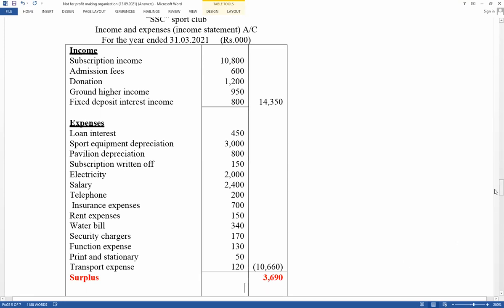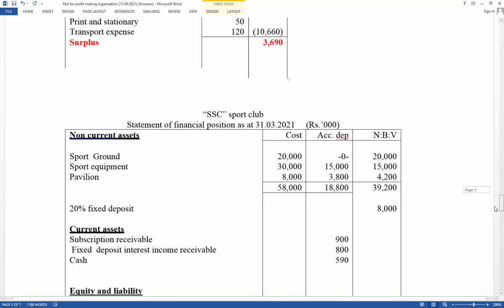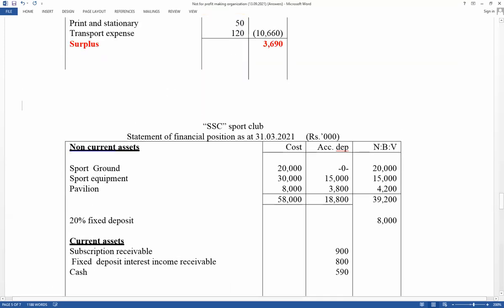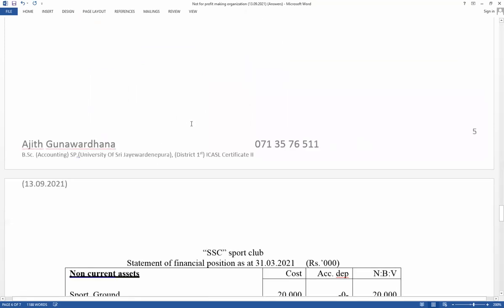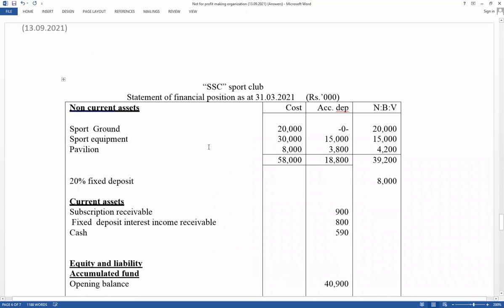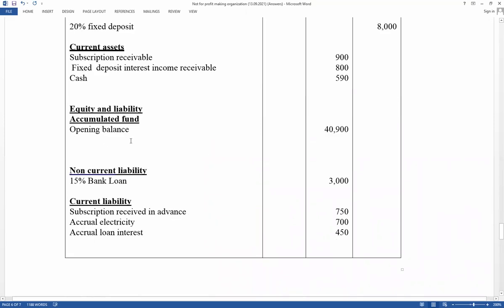It should be recorded in financial position, in equity and accumulated fund. Therefore, opening balance plus surplus. Value equal 3,690 surplus. It is available in the income statement. If it is a surplus, it should be added as a surplus.